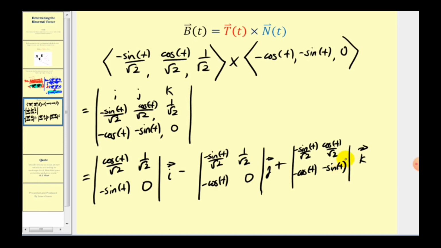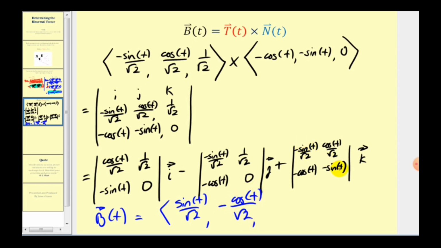Let's go and evaluate these. Here we're going to have 0 minus negative sine t divided by the square root of 2. It's going to be positive sine t over the square root of 2. Here we're going to have 0 minus negative cosine t over square root of 2, which will be plus, but then we are subtracting, so it's still going to be negative cosine t divided by the square root of 2.